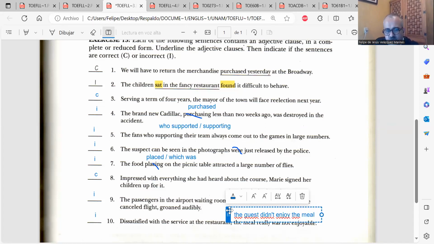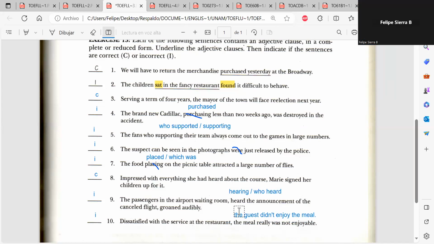Because to do a reduction, the guests who were dissatisfied with the service at the restaurant didn't enjoy the meal. So we have to say the guests who, and then we eliminate who were, dissatisfied, who and where.